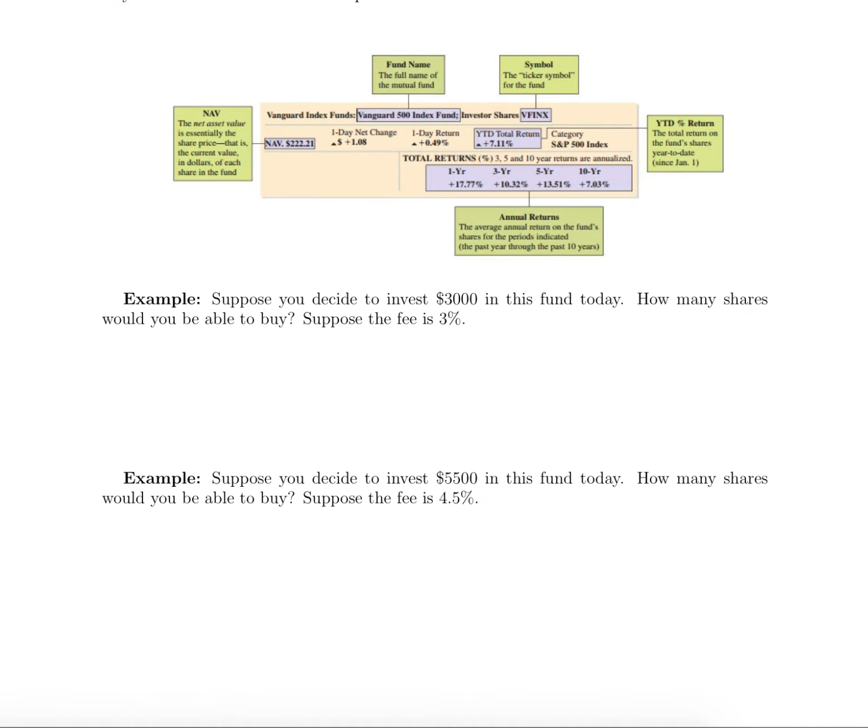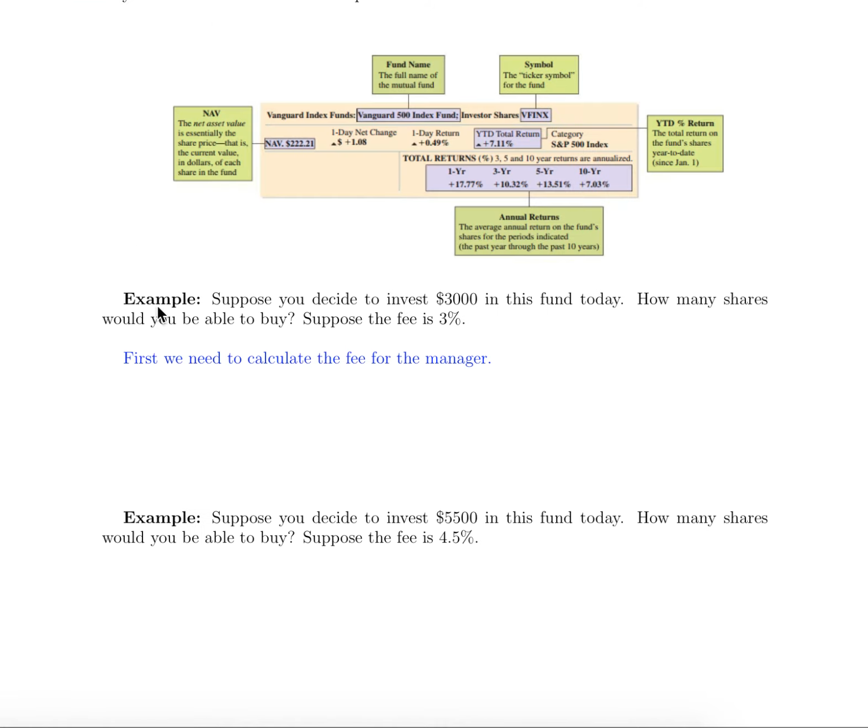So the first example, suppose you decide to invest $3,000 in this fund today. How many shares would you be able to buy? And suppose the fee is 3%. So the first thing we need to take care of is calculating the fee for the manager. So if it's 3%, then we just take 3% of our $3,000 that we're investing.